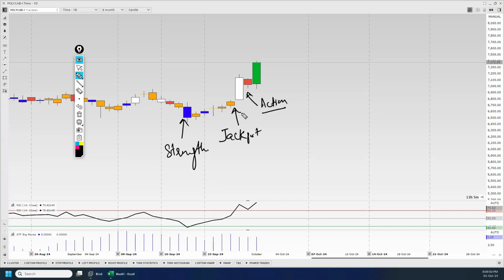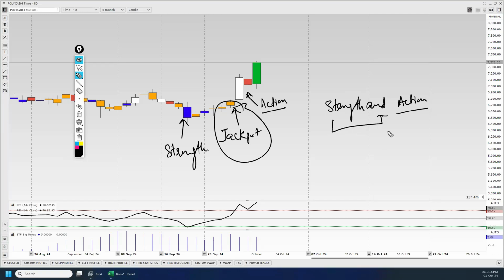Earlier also we discussed a lot about the jackpot candles, right? So we really need to look for the jackpot. How is the jackpot formed? Let's say the candle is very, very strong, the candle is having strength and the candle is having action. When both of these cases are happening, then a jackpot is formed.